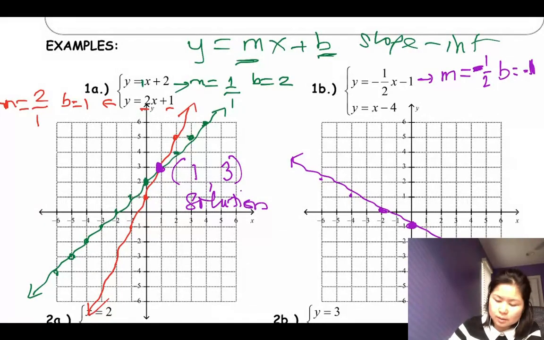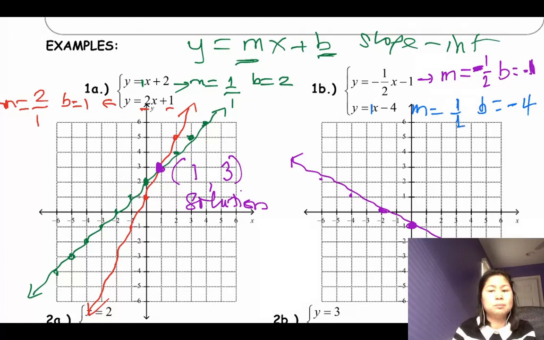Same thing for the next equation. If I don't have anything, it's minus a 1. The y-intercept is negative 4. Again, if I don't have a fraction, I will put a 1 on the bottom, turn it into a fraction, so it's easier for me to say, do I go up how many and over how many, okay? So this one is at negative 4.